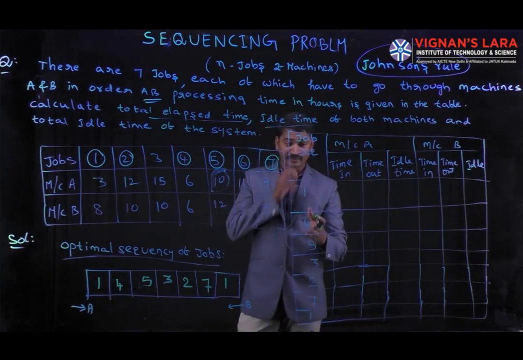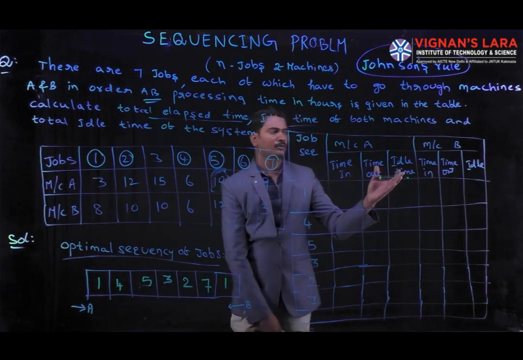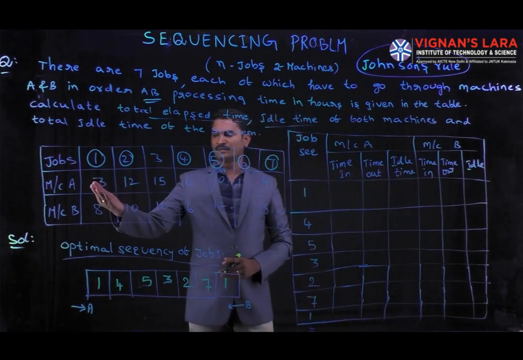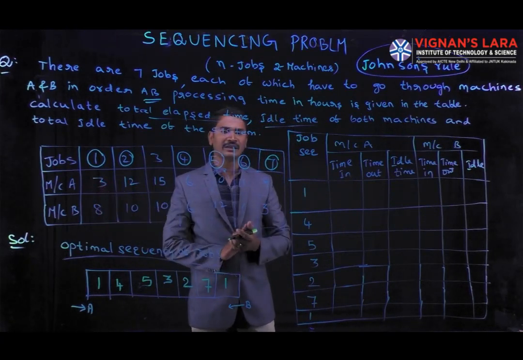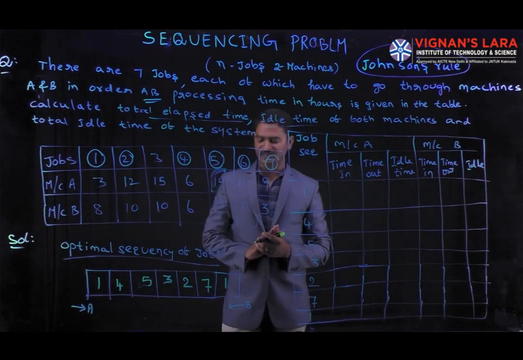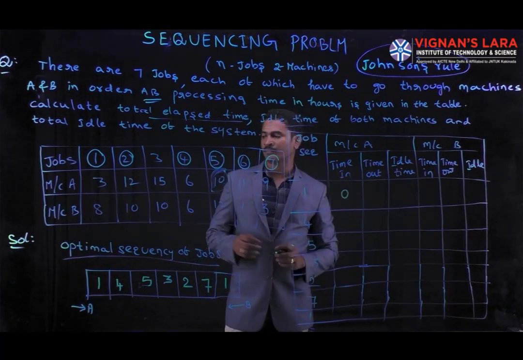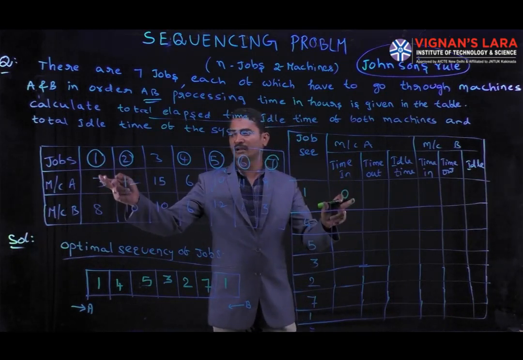After taking the sequence, we are going to calculate time in, time out, idle time. First, coming to machine A. Here, machine A takes 3 hours processing time. We are going to start machine A at the 0th hour, and job 1 we have taken.